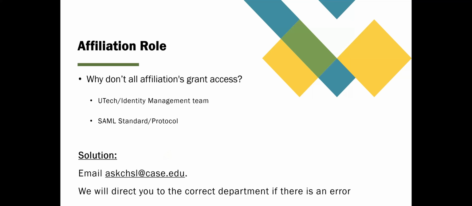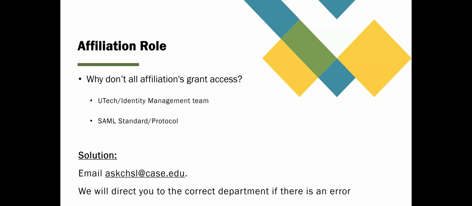So a common follow-up question to that is, well, why not? Why don't all the affiliations grant access? Without getting too technical, UTech uses an international standard and protocol called SAML, and this standard allows the SSO to talk to third-party systems like OpenAthens.